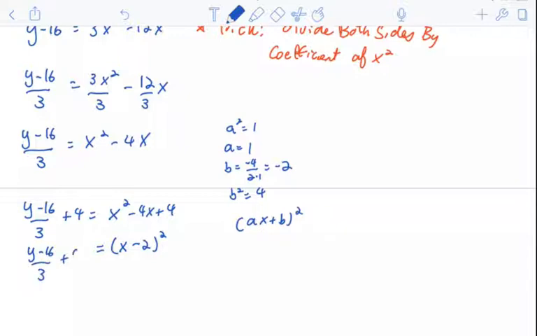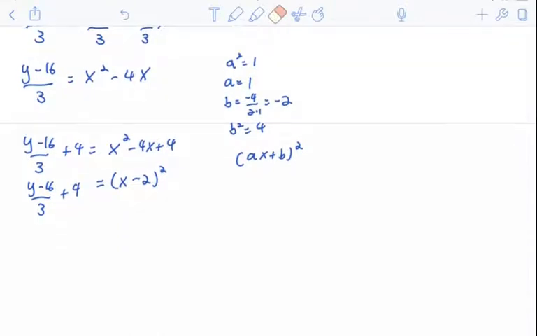Now I'm going to shift all of these terms over to the other side. It's a little bit tiresome, but it's not that tiresome. Watch. First I get rid of that 4. I'm going to move it over, so subtract 4 from both sides, and you get x minus 2 all squared minus 4.